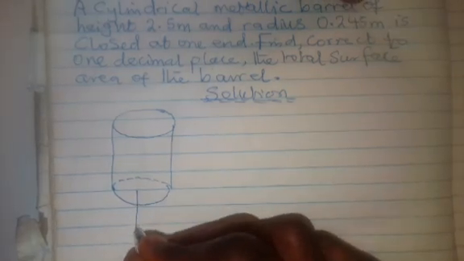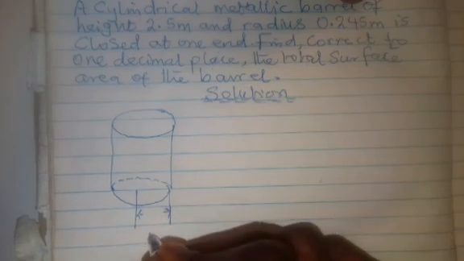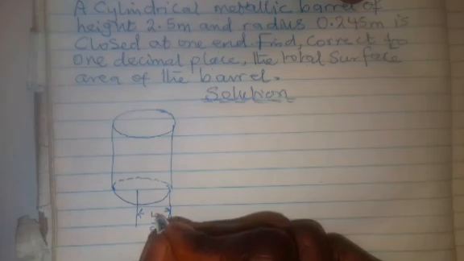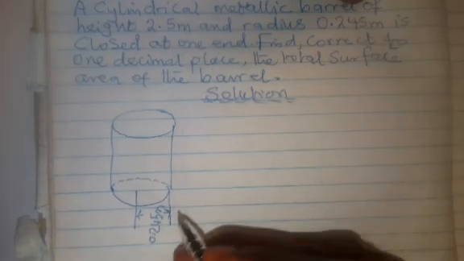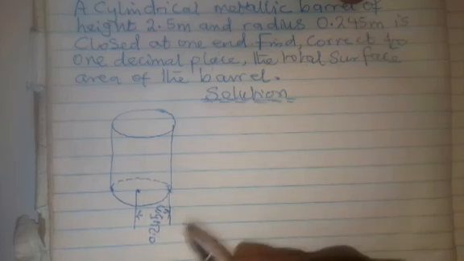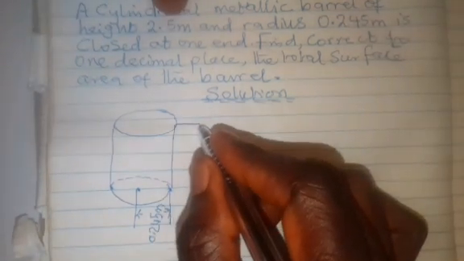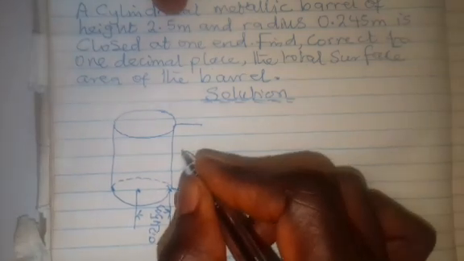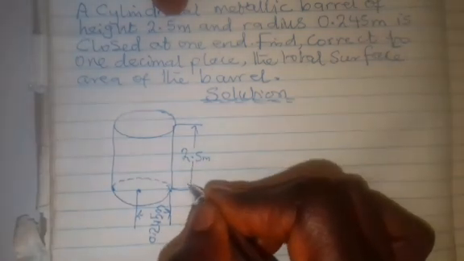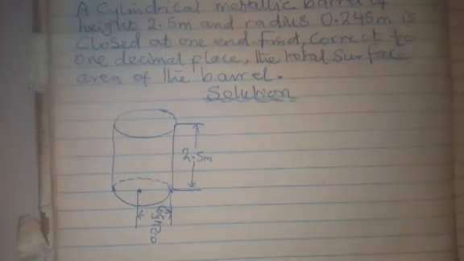So the radius is the distance from here to here. That's the radius. Then also it has a height of 2.5 meters, which is the distance from here to here, 2.5 meters. Okay, so we have transferred some of the values given to us into this diagram.